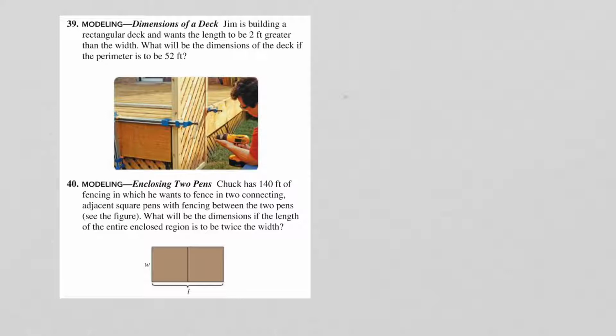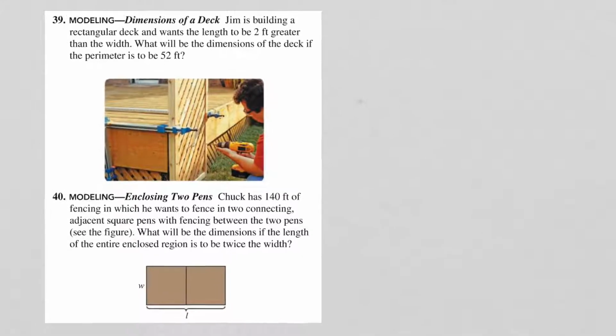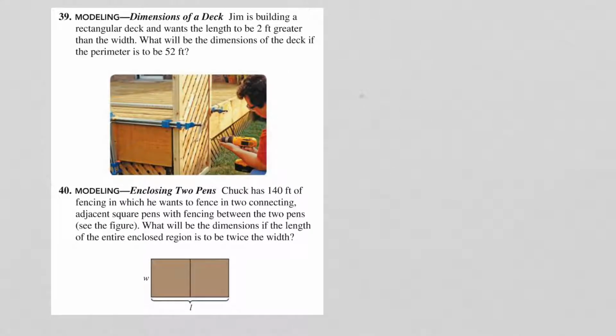I want to do some geometry questions that are in your homework. And these are actually the ones where we can draw some pictures. Number 40 already has a picture, so let's take a look at number 39. It says, dimensions of a deck.